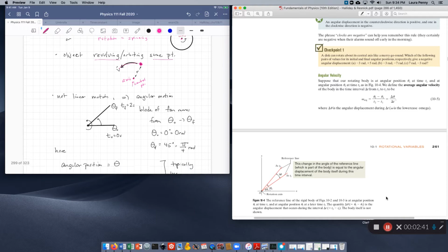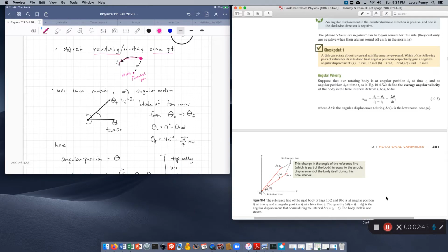All right, so this is not linear motion. This is angular motion. But a lot of the ideas that we had for linear motion, we can still use for angular motion. So when we talked about linear motion, we had position, which was x. We had an x naught, and we had x final.